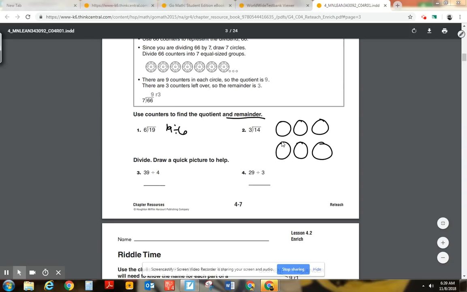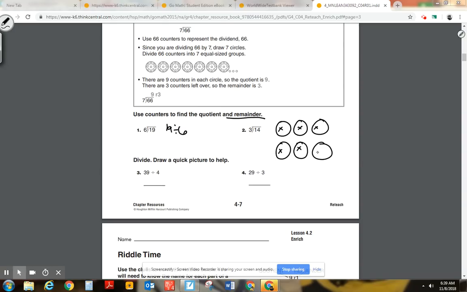So when we do one at a time, it would be 1, 2, 3, 4, 5, 6, 7, 8, 9, 10, 11, 12, 13, 14, 15, 16, 17, 18.